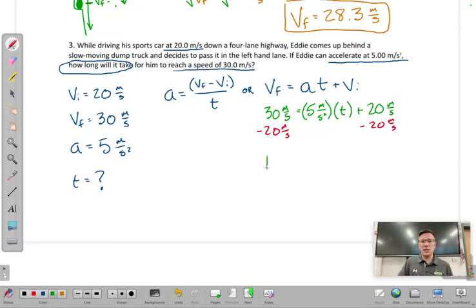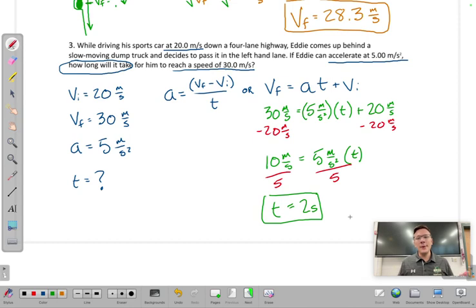So we've got 10 meters per second is equal to 5 meters per second squared multiplied by t. So we now divide by 5 meters per second squared on each side. And we can see here that the time it will take Eddie to pass this truck is going to be 2 seconds.